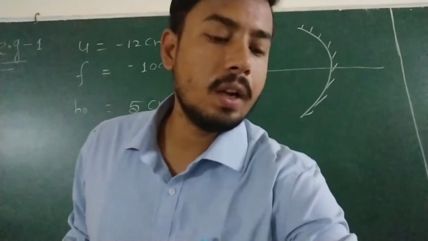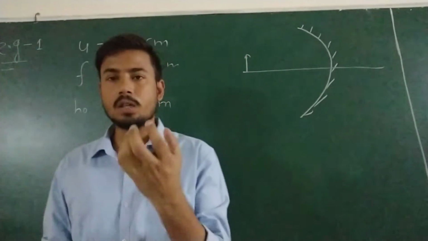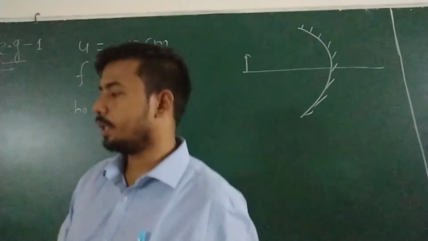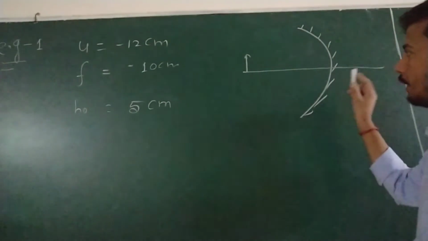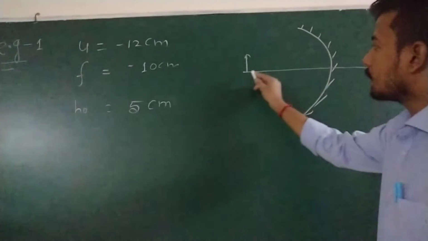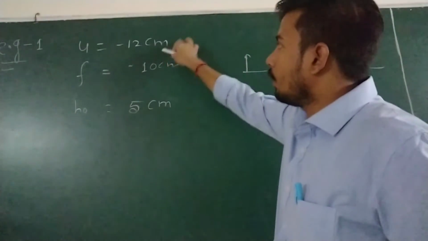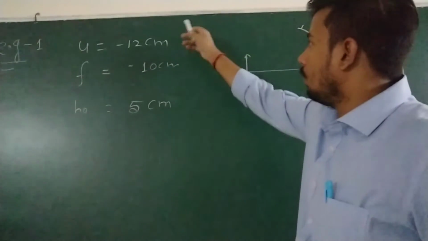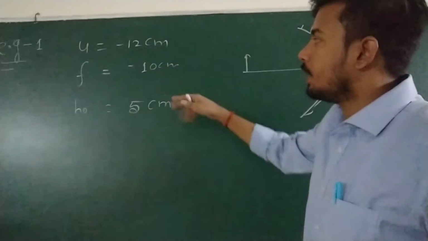So the first numerical I am starting here is very basic. We have one concave mirror, and in front of this concave mirror one object is kept. I am not writing the theory, just giving you all the data which is required.